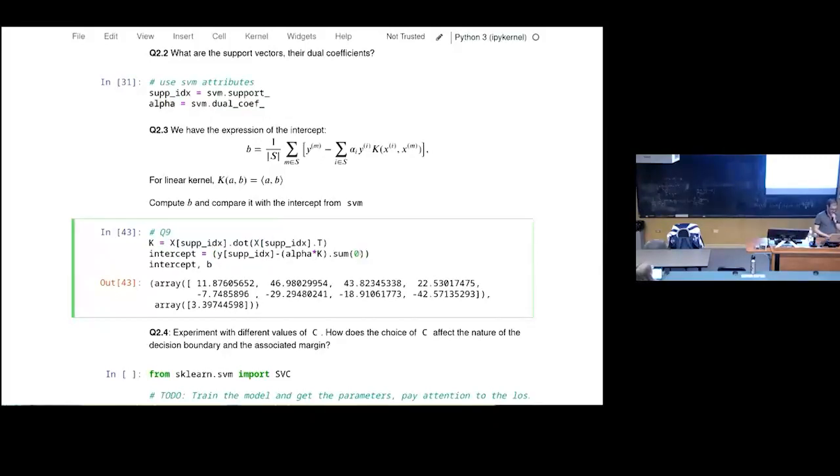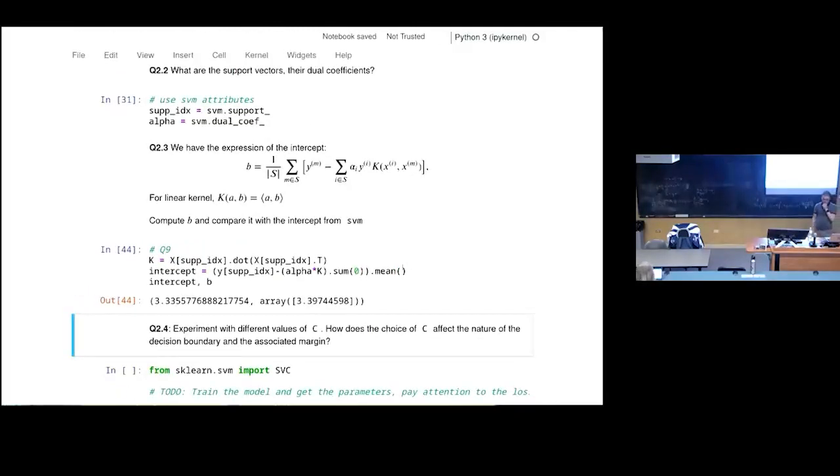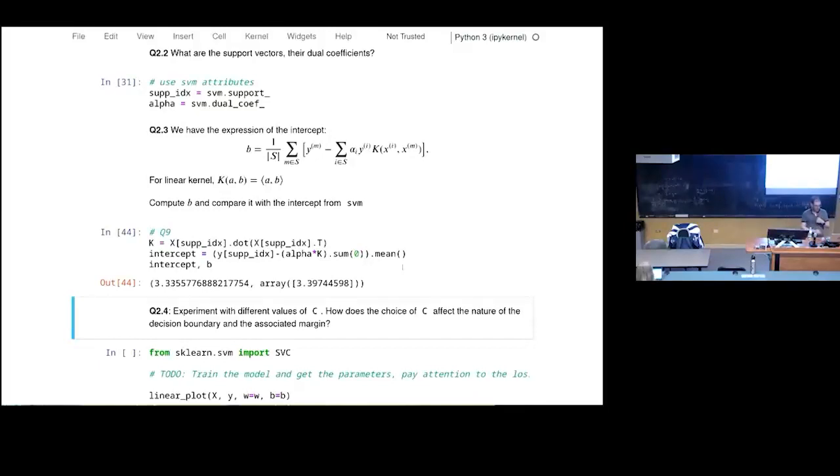Something is off here. Let me see. Let me do it the other way around. Let me do w support index. So I'm basically doing y minus wx of the support vectors, minus x of support index, dot w. And let's take the minimum.